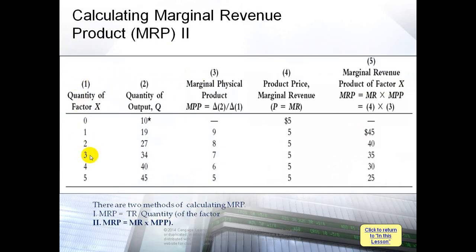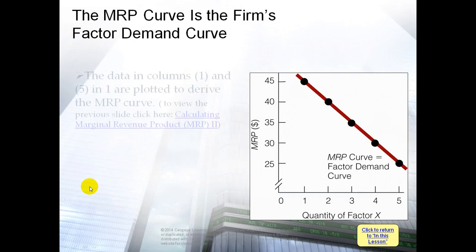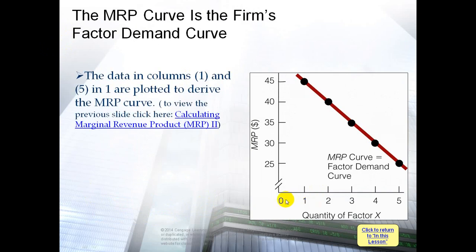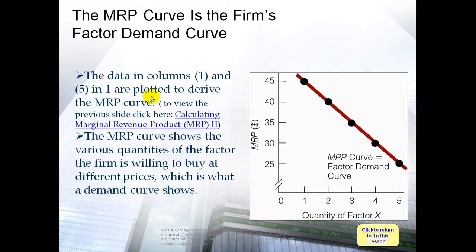So the data in column 1 of the table here, the first column, the data 0, 1, 2, 3, 4, 5, and column 5, we plotted them here. These data are plotted to derive the MRP curve, and the MRP curve shows the various quantities of the factor the firm is willing to buy at different prices, which is what a demand curve shows.